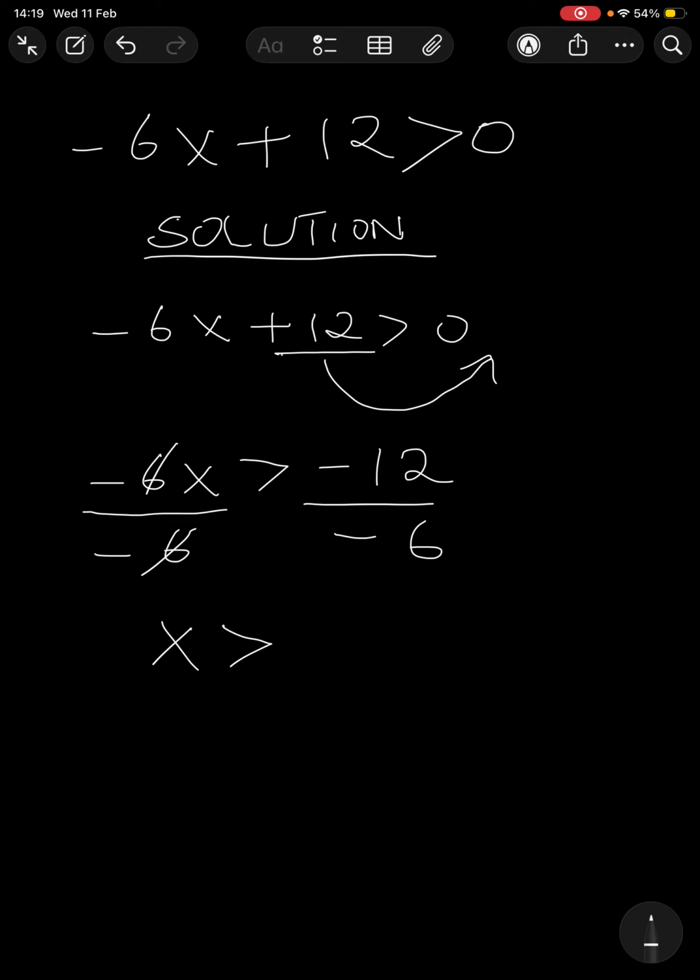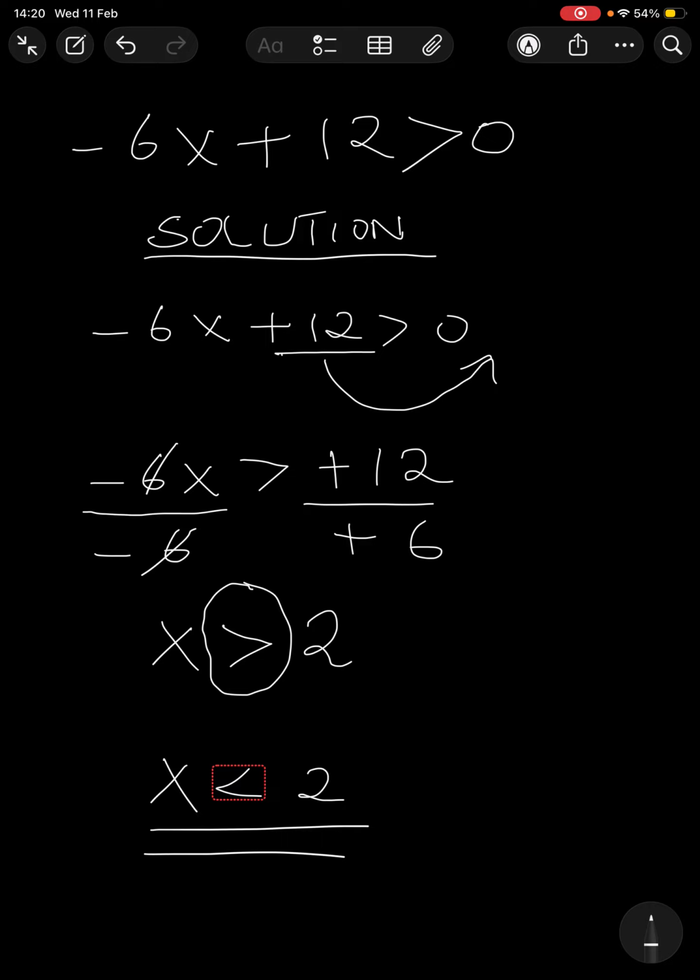Negative divided by negative becomes positive, so 12 divided by 6 is 2. I have to change the direction of the inequality sign because I have divided both sides by a negative number. So this one becomes x is less than 2. That is the final answer.